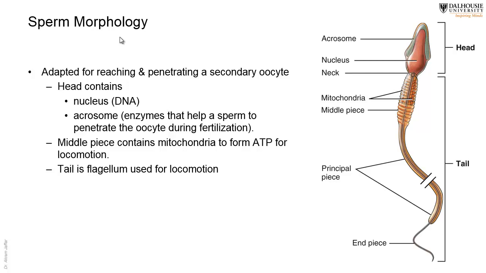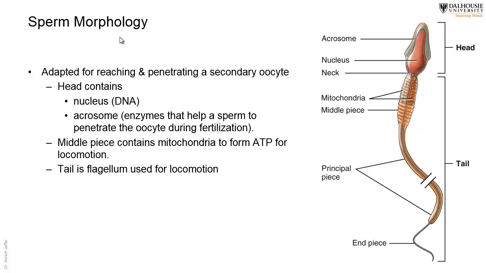We probably mentioned that in the first or second lecture during this course. This is a modified lysosome. The lysosomes contain proteolytic enzymes, digestive enzymes. So this is a big lysosome that contains these enzymes that will help the sperm to penetrate the oocyte during fertilization.